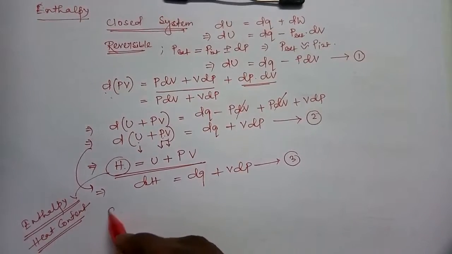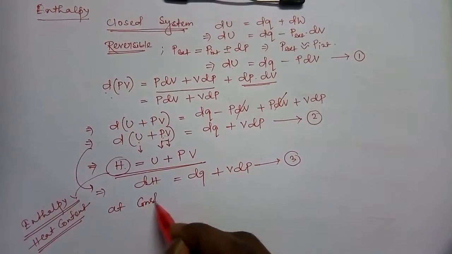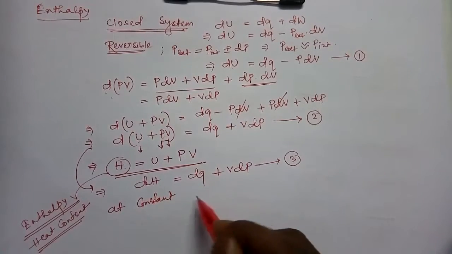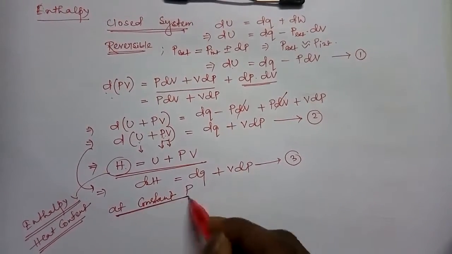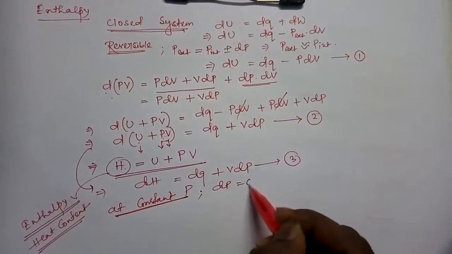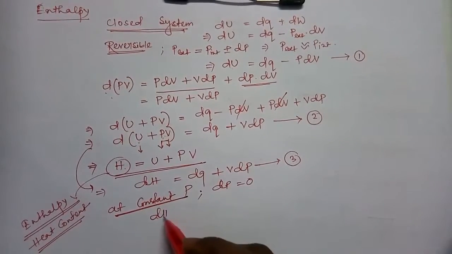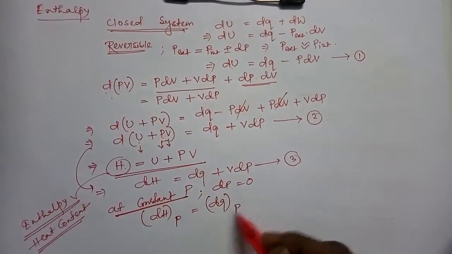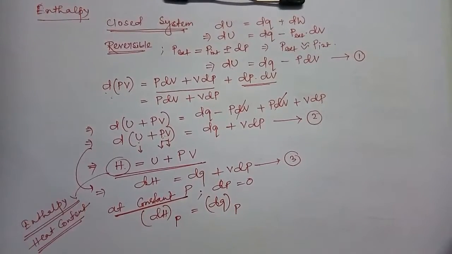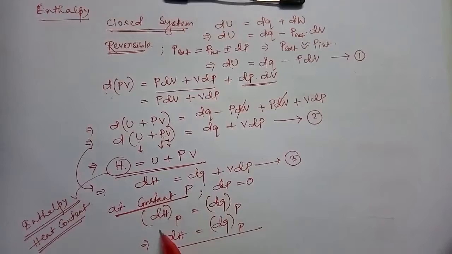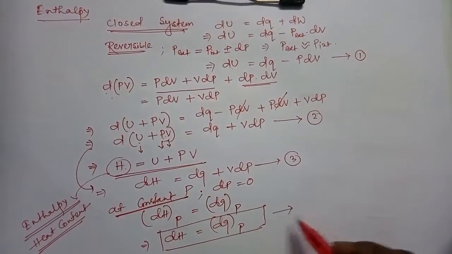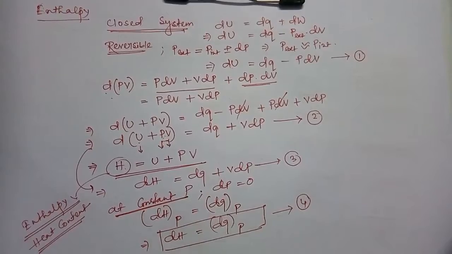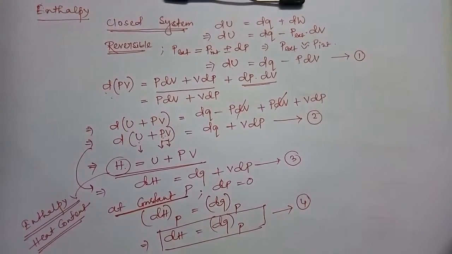Now, at constant pressure, as in most cases in the laboratory, dP equals 0, so dH at constant pressure equals dq at constant pressure. If we look very closely at that equation, there is a lot of significance behind it.